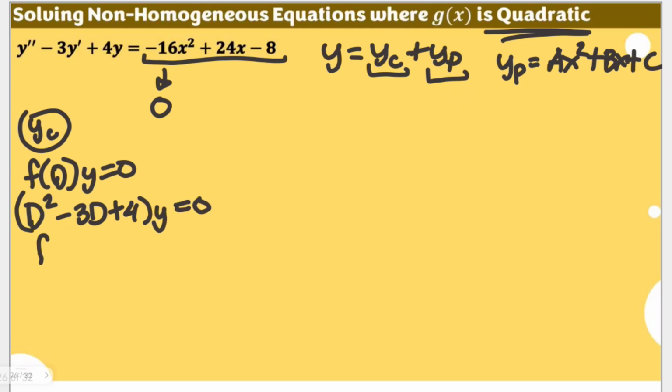Then our auxiliary equation, f of m is equal to 0. Hence, we will have this form, m squared minus 3m plus 4 is equal to 0. We just need to solve for the roots of this given auxiliary equation to come up with the correct general solution for our y sub c.